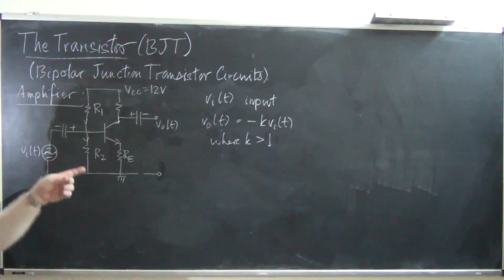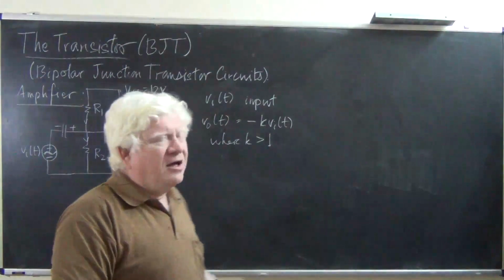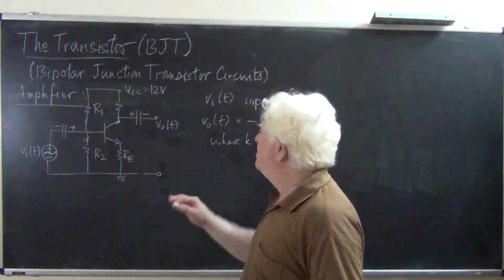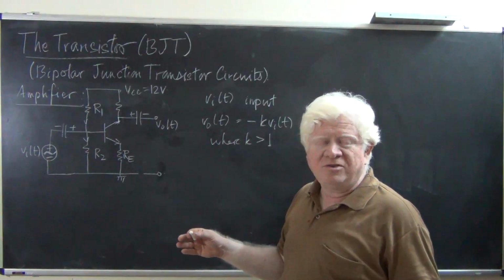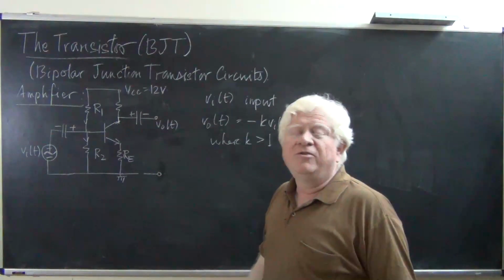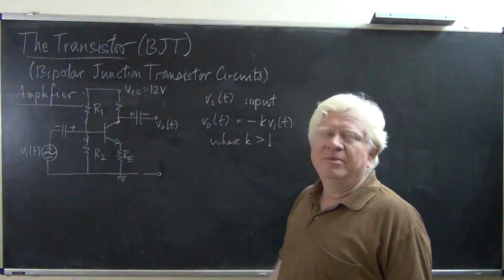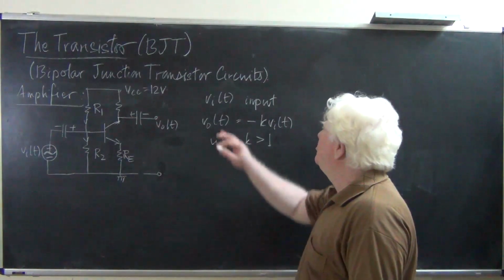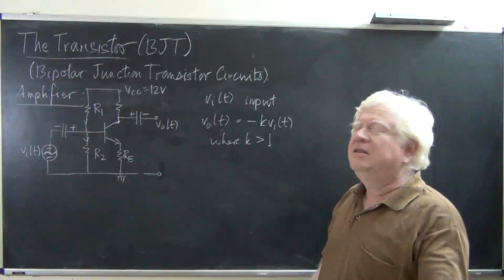We already have considered in the previous part of the discussion that there is an operating range for the collector voltage, an operating range for the collector current, and so on. So if you want to have a proper amplifier, and if you believe that the input voltage will be symmetrically distributed about 0, then the output voltage will also be symmetrically distributed about 0.